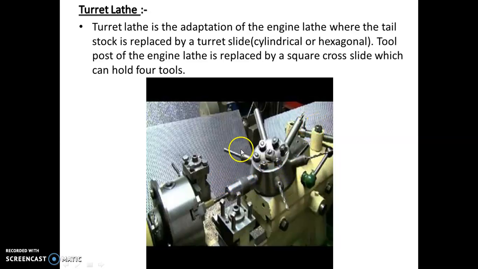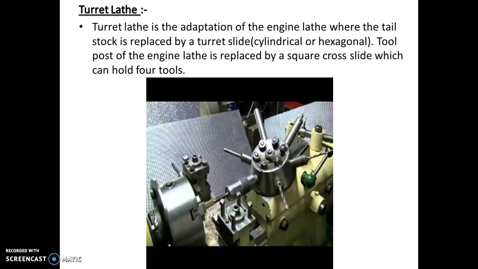Next is the turret lathe. This is very important. It is an assembly over which a number of tools can be mounted, and the turret is adjusted or replaced by the tailstock. The tool post of the engine lathe is replaced by a square cross slide which can hold 4 tools. The turret lathe is a medium production semi-automatic lathe to make parts in greater quantities to closer tolerances, and the speed of the process is faster than other machines.